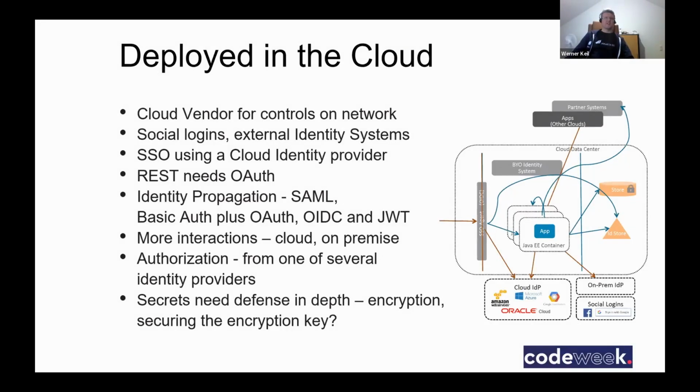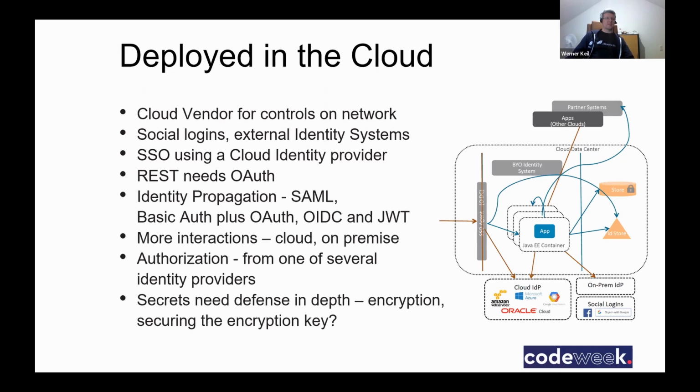If the application gets deployed into the cloud, then of course there can be one or several cloud vendors to control the network. There may be external identity systems, including social logins, for example, Google or Microsoft or other logins. Usually it's based on REST, at least in most of the cases.